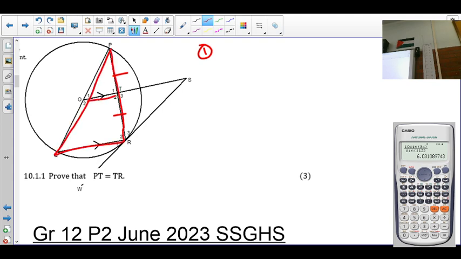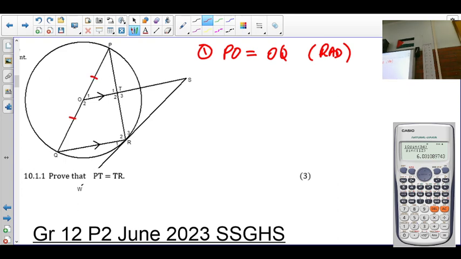It looks like either the proportionality theorem, or it reminds us of the midpoint theorem. Not so? So if you look at this, we know already that PO is equal to OQ. Not so? Why? Because of the fact that it's your radius. That is given, that's your radius.